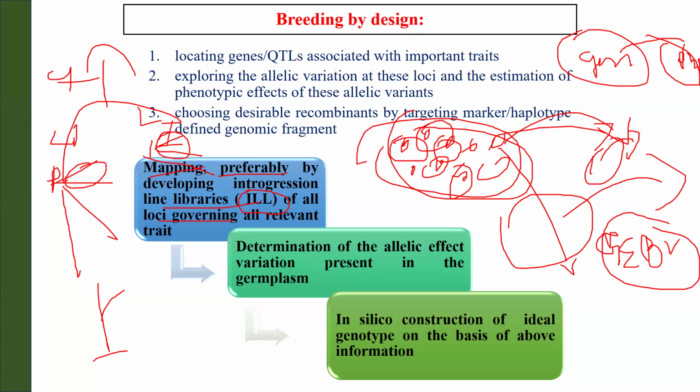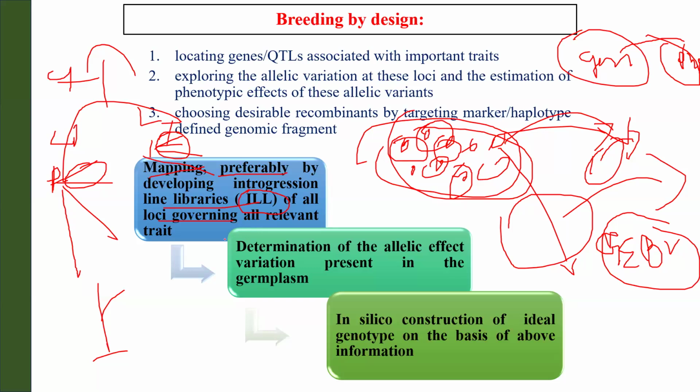So any introgression library is similar to CSSL lines. Every individual in the CSSL, and what will happen?